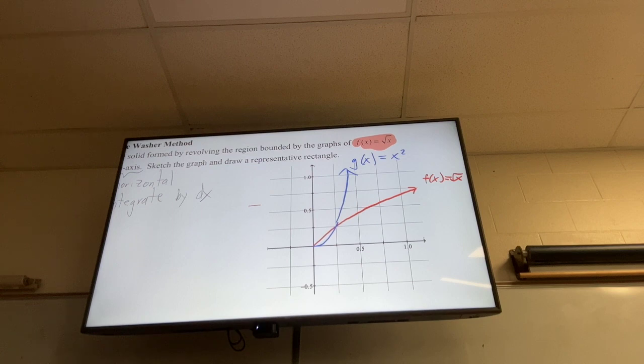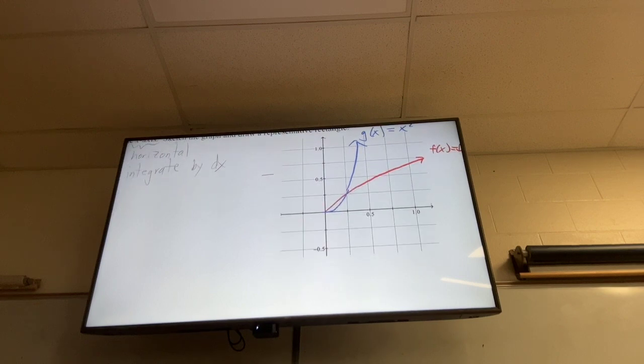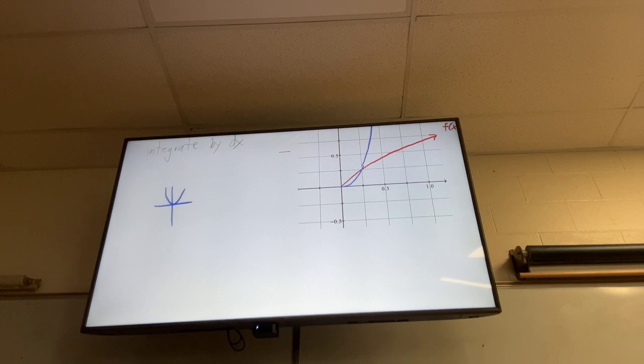How did I know? I graphed those, it's in my head. If you remember back to pre-calc, I just remember the shape of the parent graphs. You know how to do x squared, it's just a little U like that. And the parent graph for square root is just like a little hump thing.